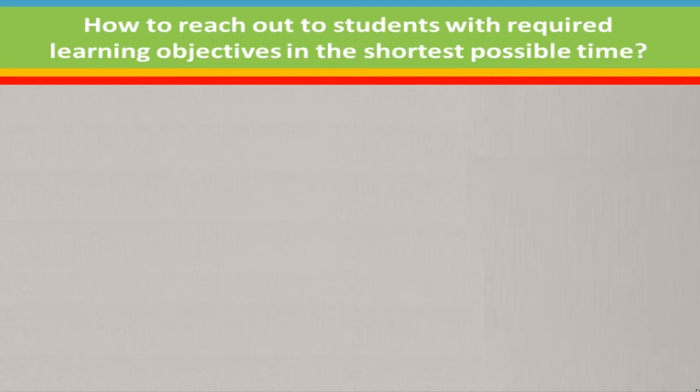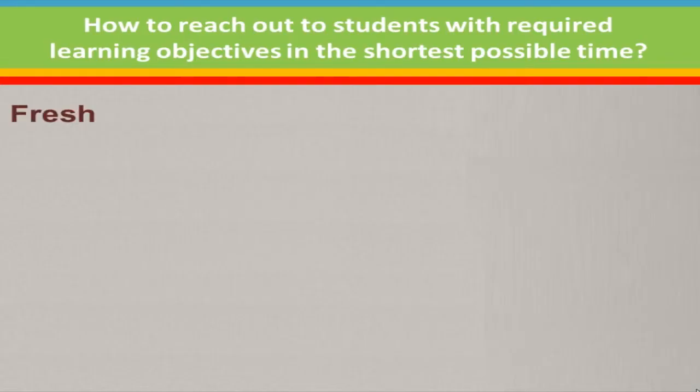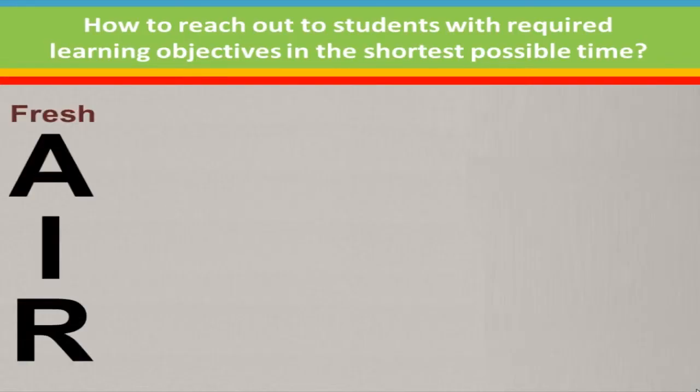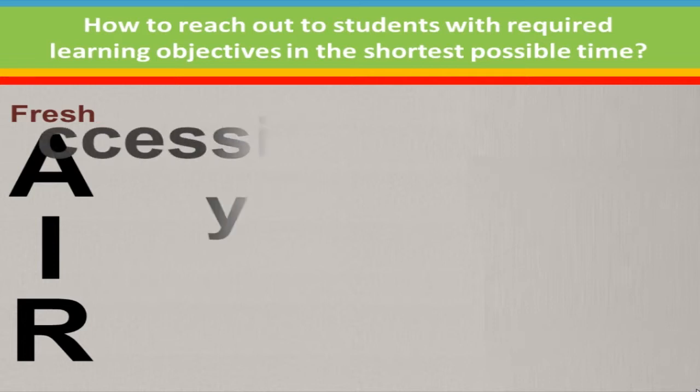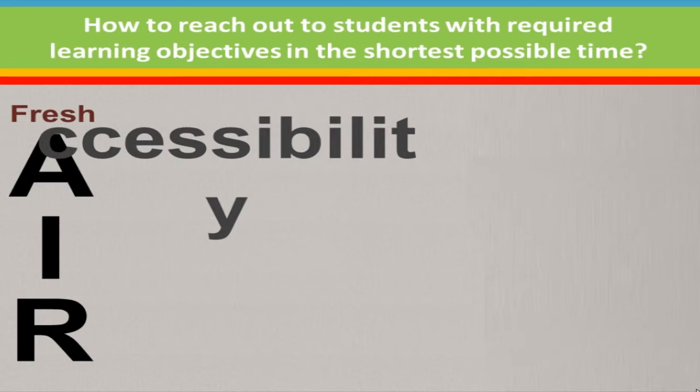So how do we reach out to students? This is what we have always been thinking of. How do we make the students interested? How can we get them to want to participate? This is what I call breathing in fresh air to them. You can look at the slides in my Instagram.